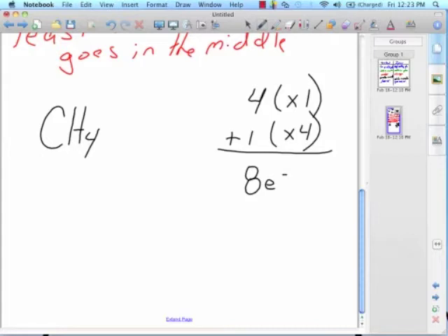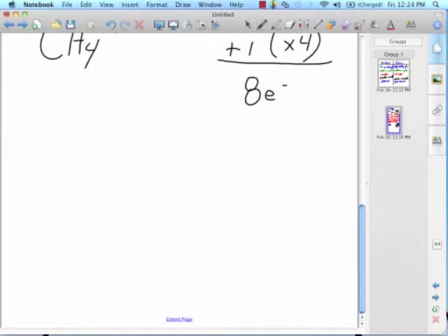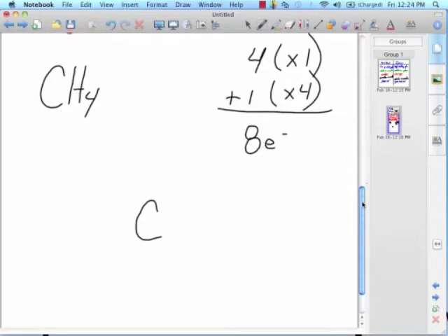Okay, so now I'm going to draw it. What should go in the middle? C. Why? It always goes in the middle. I try to make mine symmetrical, so I'll put an H over here, an H over here, an H over here, and an H down here. And I surround everything with 8 dots, except, what doesn't get 8 dots? Hydrogen.